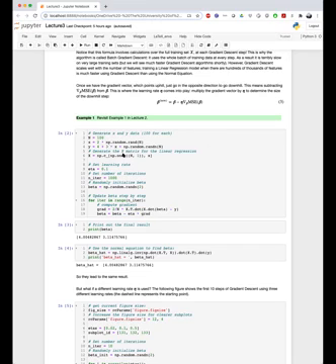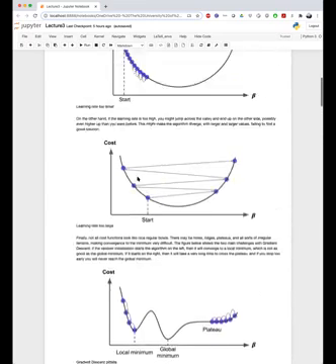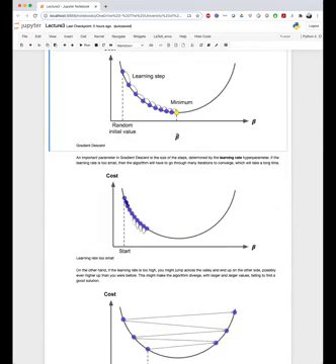Then we generate the X matrix, which means we add a column of 1s to X. This is our X matrix when we use the normal equation. Here we set the learning rate to 0.1, and the number of iterations to 1000. That means, as you move your beta closer and closer to the minimum, how many steps can you afford.